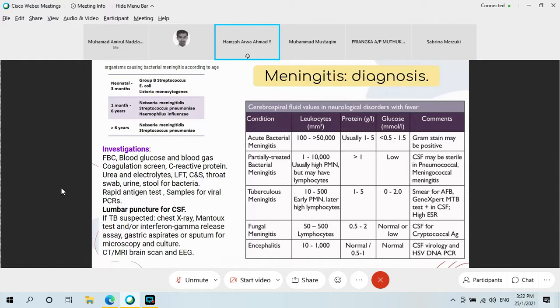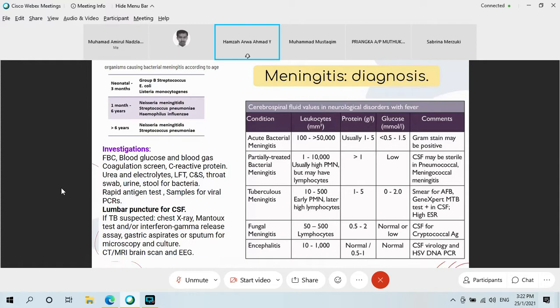The protein is usually from 1 to 5, which is high. The normal range is from 0.5 to 1. The glucose is going to be low, less than 0.5 to 1.5. The comment is that the gram stain may be positive.